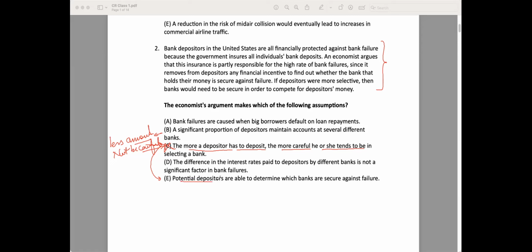Option E says potential depositors are able to determine. Now the argument was, if the depositors were selective about which banks are secure, then there will be an incentive for banks to be more secure.